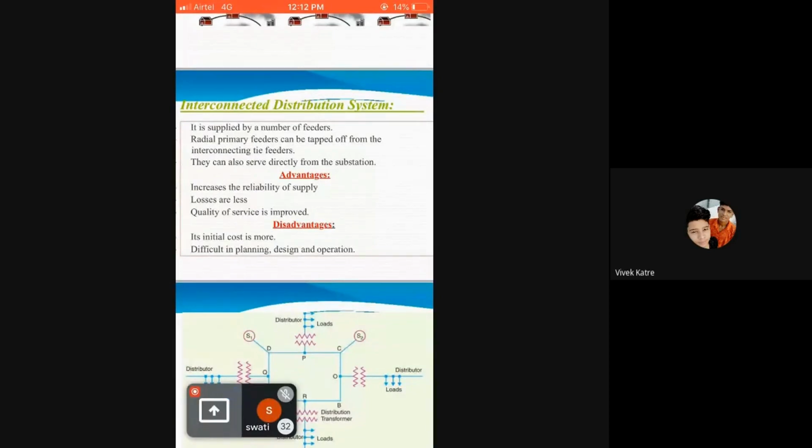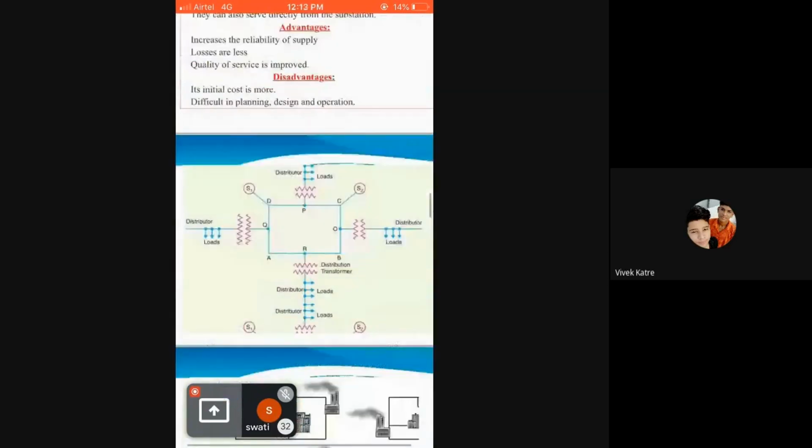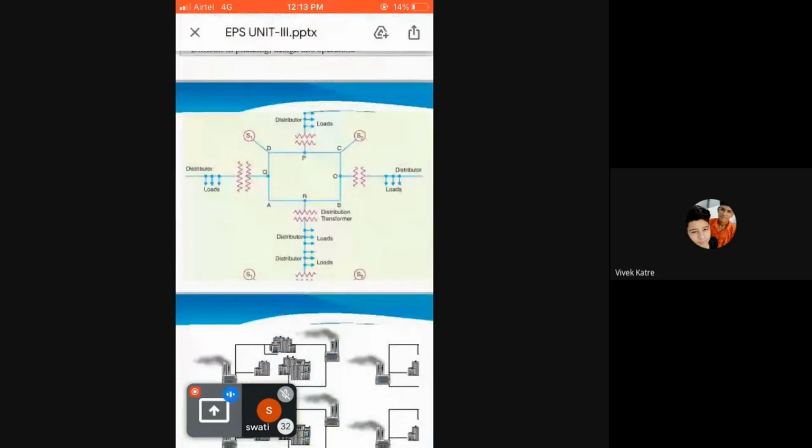On each distributor we have supplied a transformer. We call it a distribution transformer. Now from this distributor the connection is the same as the radial system, that loads are provided on this distributor. That means service mains connections take place.